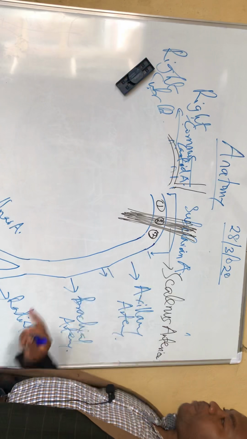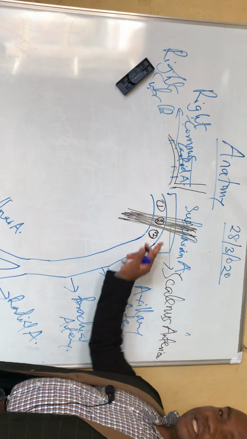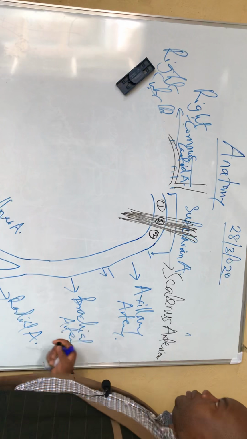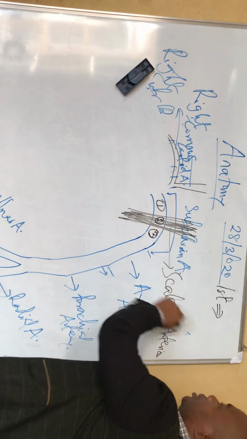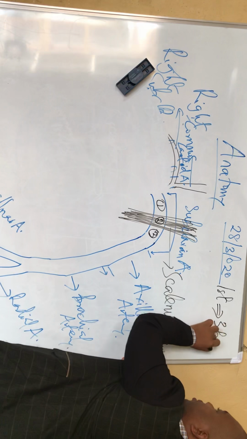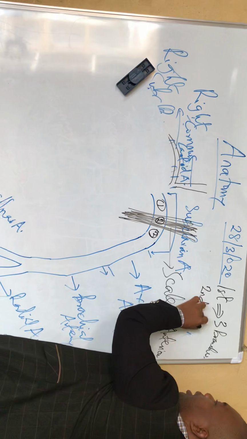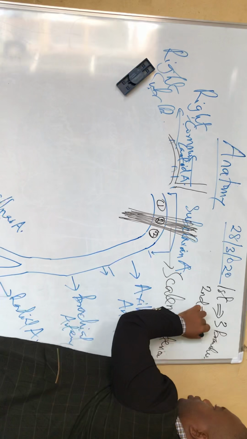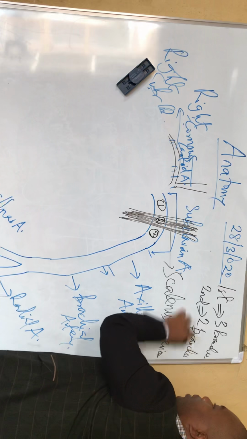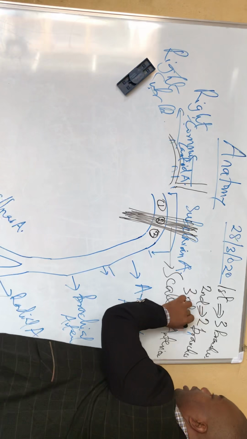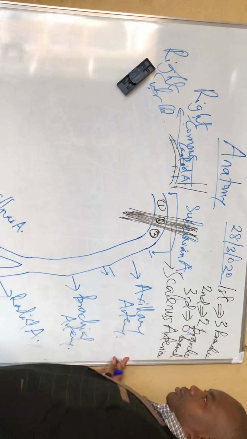These various parts of the subclavian artery have branches that come out from them. The first part has 3 branches, the second part has 2 branches, while the third part has no branch at all.